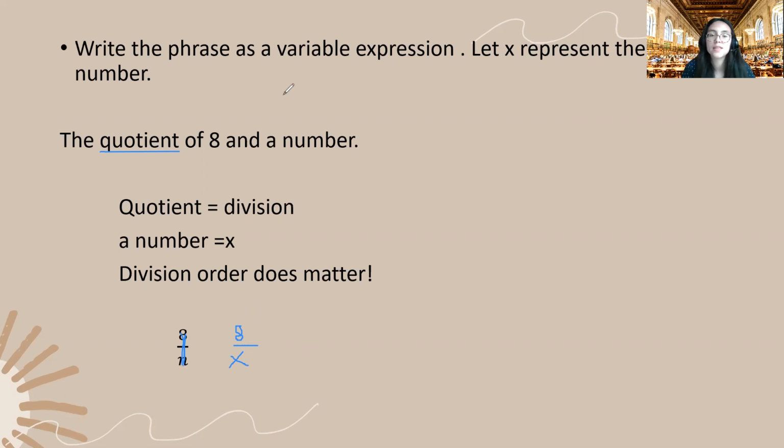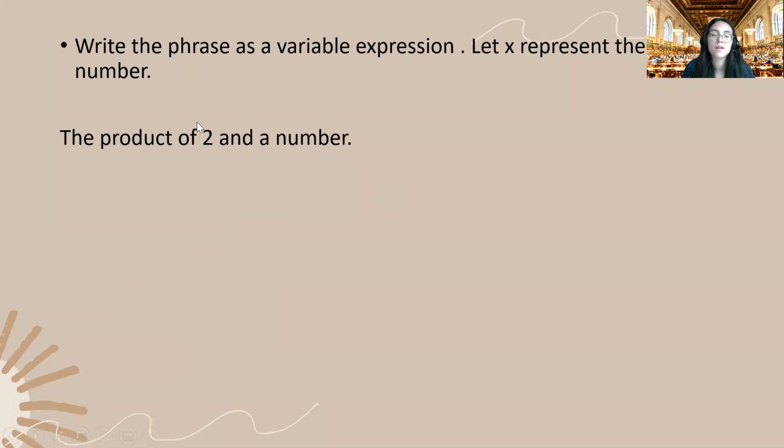So let's continue. So again, we're going to write the phrase as a variable expression and let x represent the number. So we have the product of 2 and a number. So just from reading it, the product is a key word, and where have we seen product before? So that is going to mean multiplication.